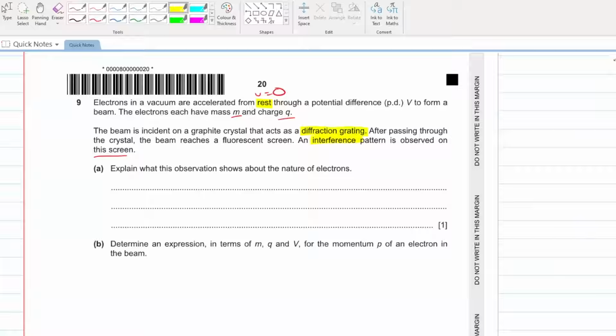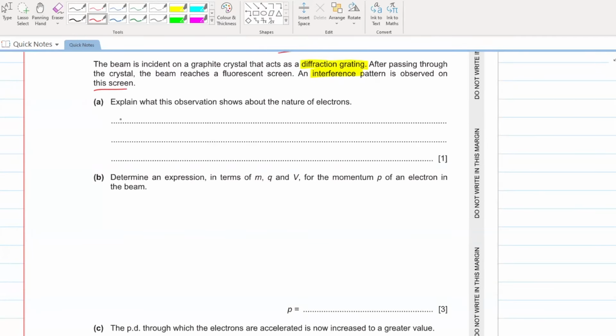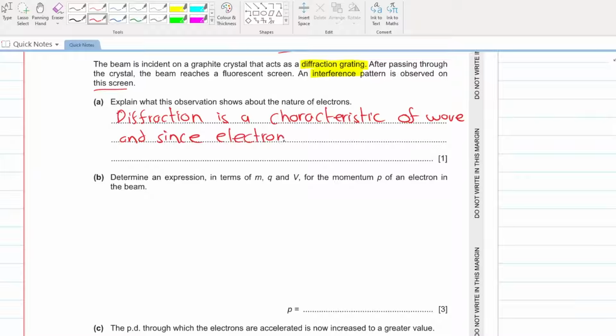Electrons are behaving as waves. So you can write it like this: diffraction is a characteristic of waves, and since electrons are diffracting, they are behaving as waves.